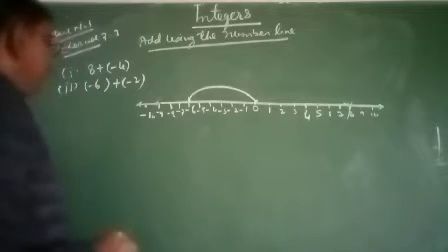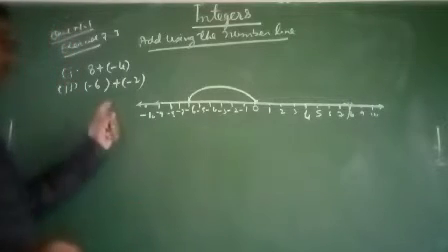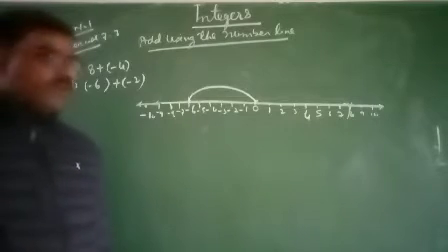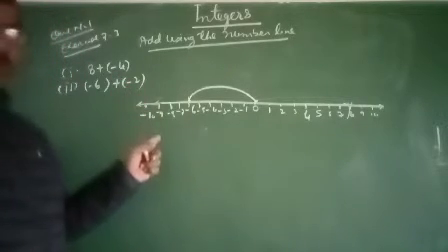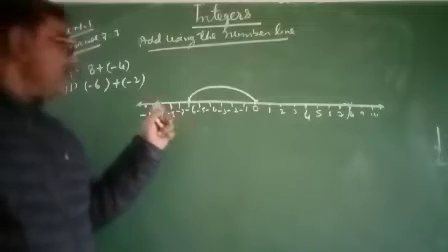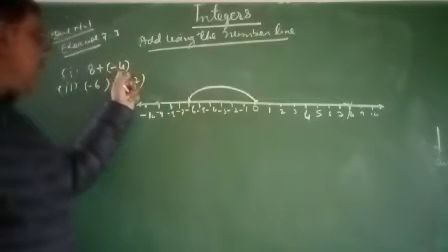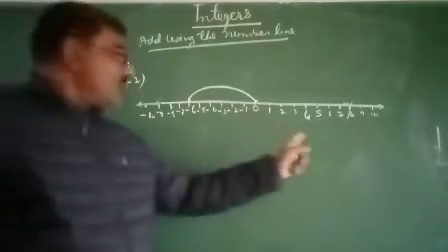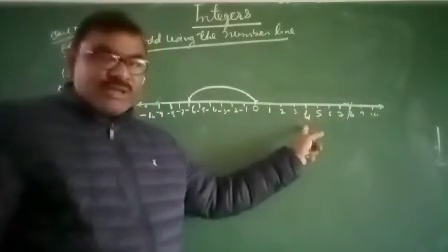Now you have to add minus 2. So here is minus 2. Dear students, in the previous video I have already explained that to add minus 4, we move left 4 steps.